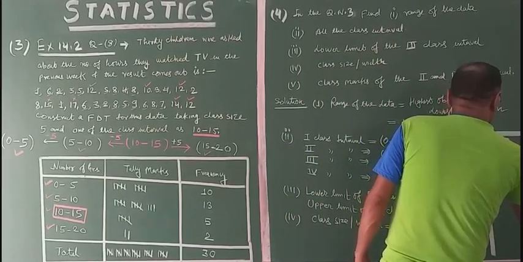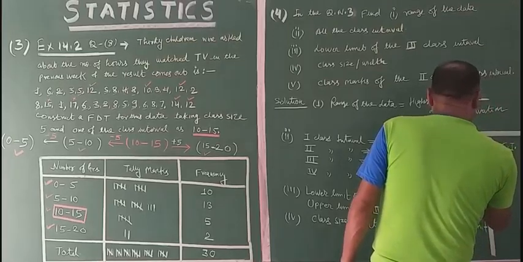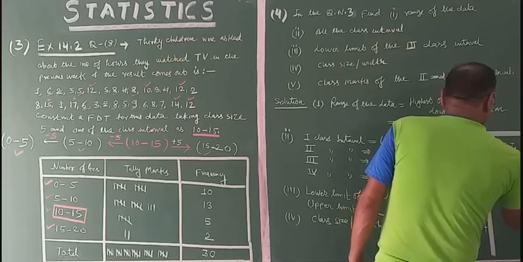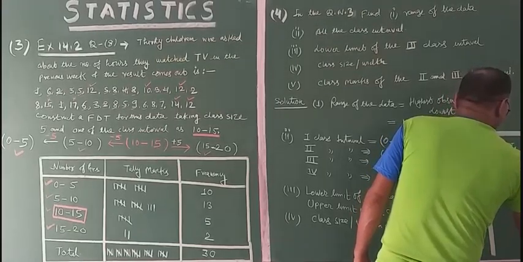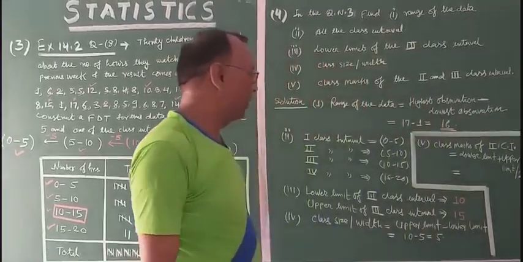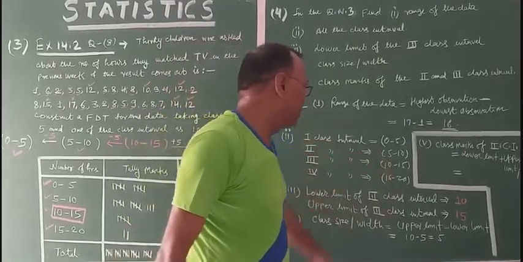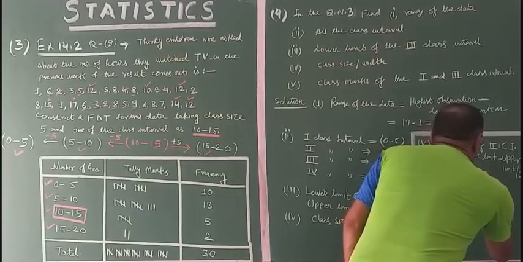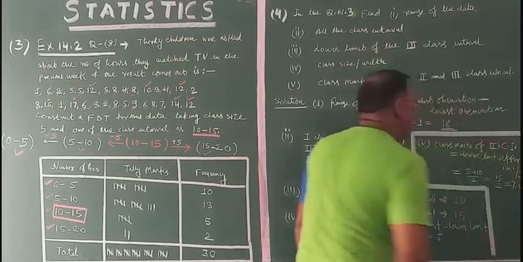Class marks of second class interval is given by lower limit plus upper limit divided by 2. What is the formula for class marks? Lower limit plus upper limit upon 2. The second class interval, that is 5 plus 10 upon 2, that is 15 upon 2, that is 7.5, is the class marks of second class interval.